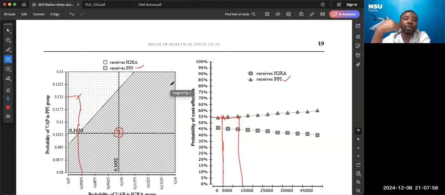Unlike the previous studies that we did in class, where normally it is more expensive, more effective, this one is less expensive, more effective. So this is the best option for the formulary. If you are supposed to add any one of the drugs to the formulary, this is our best option. Does it answer your question?